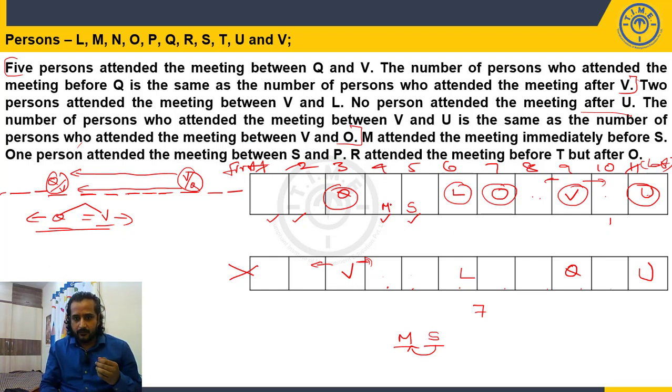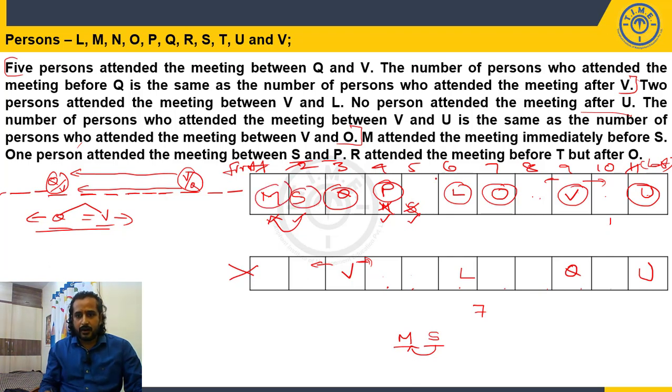S is here. 1 gap already Q. 1 gap already O is there. So is it possible? No. So M and S cannot be here. So the only possibility: M is here, S is here. M attended immediately before S, and between S and P how many persons? 1 person. So S, 1 gap, it is P.